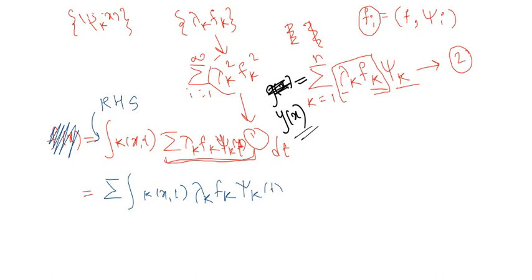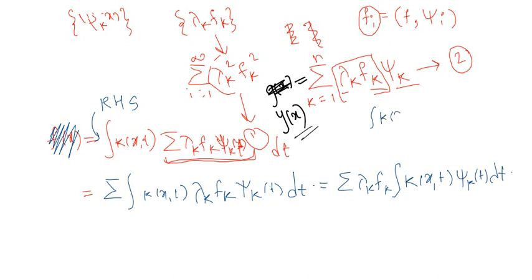Here lambda k f k are constants, so we can take them outside, and inside it will be k of x comma t into xi k of t dt. But what is this quantity, k of x comma t xi k of t dt? This is nothing but xi k of x.